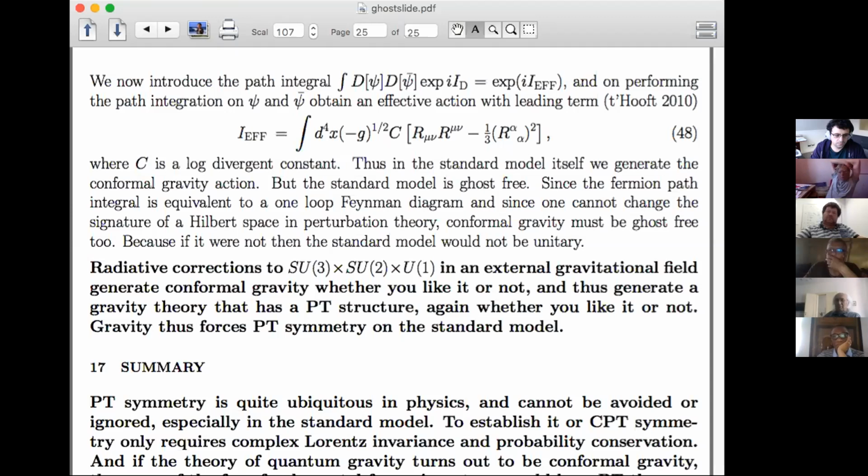You could ask a question which nobody asks, and that is, why do we take electrodynamics, weak interactions, QCD, SU(3) × SU(2) × U(1), why do we use second derivative theories?